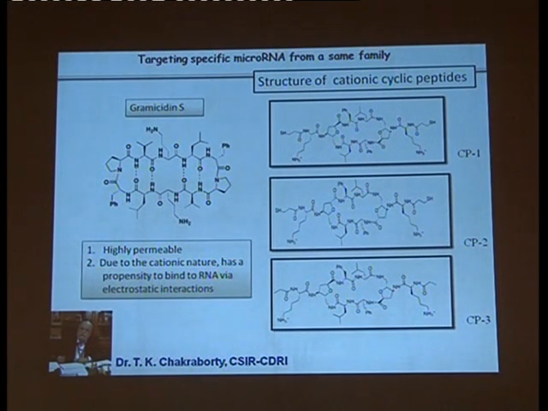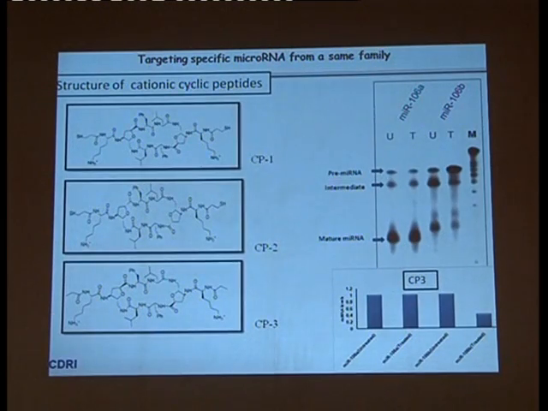He has given us 10 to 12 cationic cyclic peptides. We screened them against a particular microRNA, 106A and B, and we have seen that yes, it is possible to distinguish 16A and 106A and 106B.